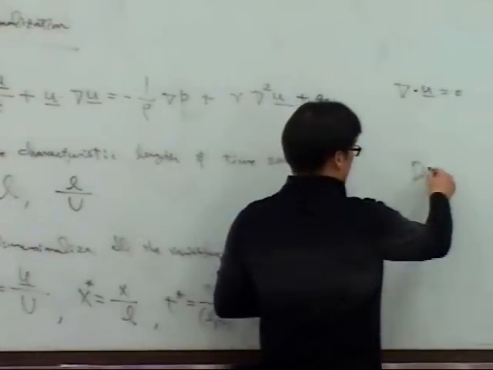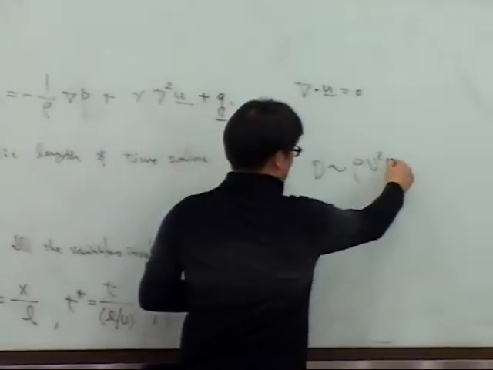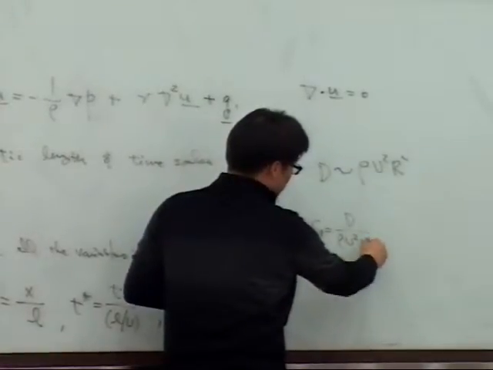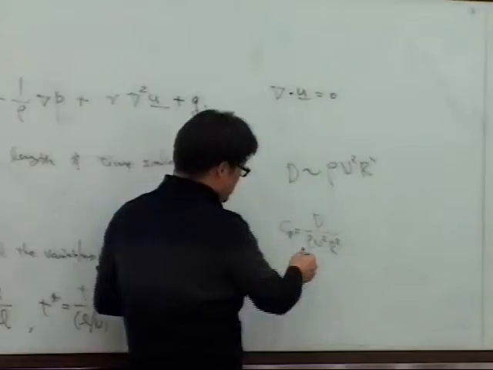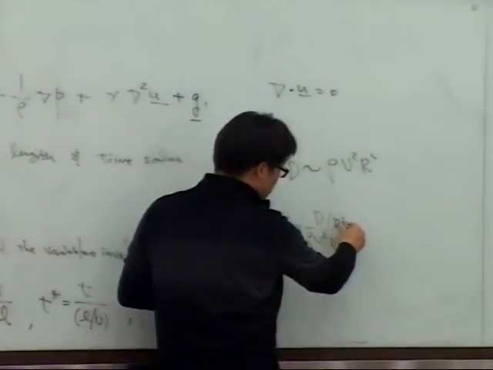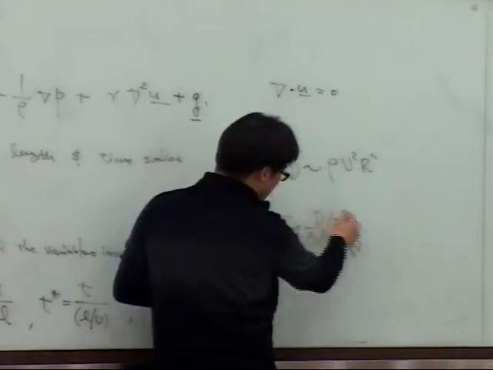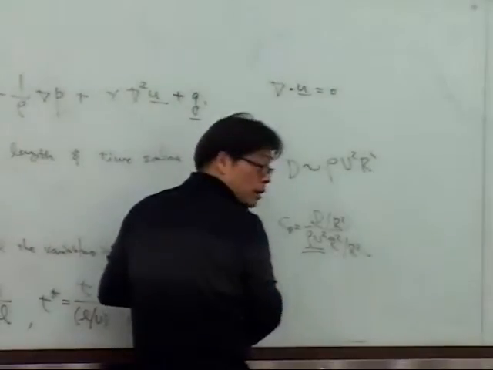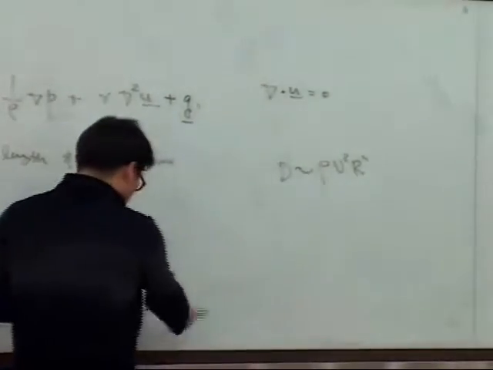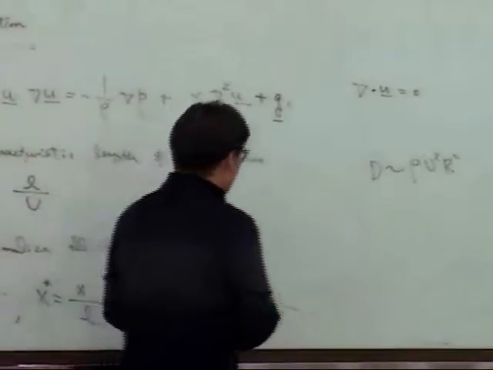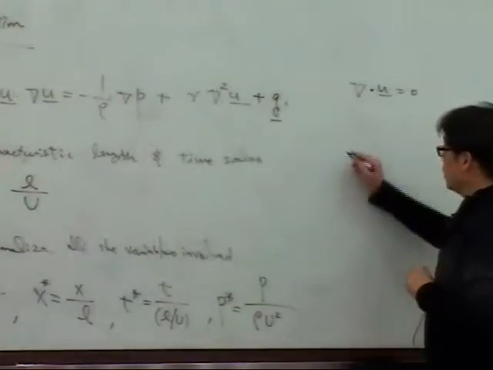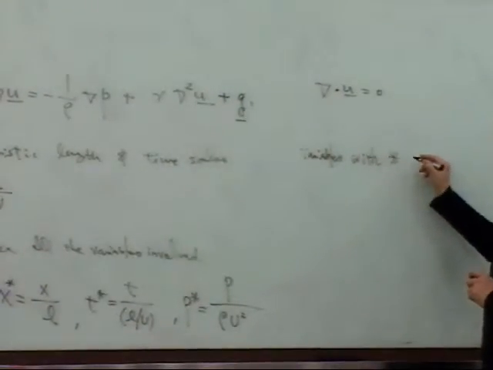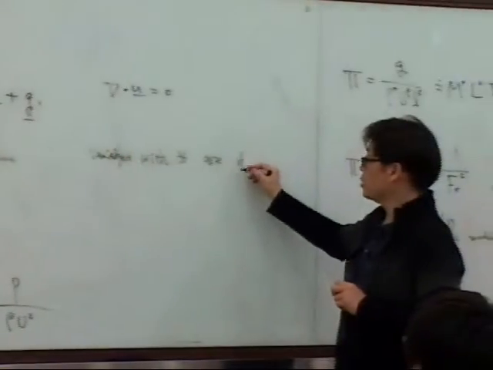Last time, drag was proportional to rho U squared R squared, which is why we make the non-dimensional coefficients like this. And pressure is drag divided by area, which is R squared, so I have to divide by R squared. So the dimensional pressure has to be rho U squared, and you can easily check that the ratio is dimensionless. So all the variables with the stars are dimensionless.